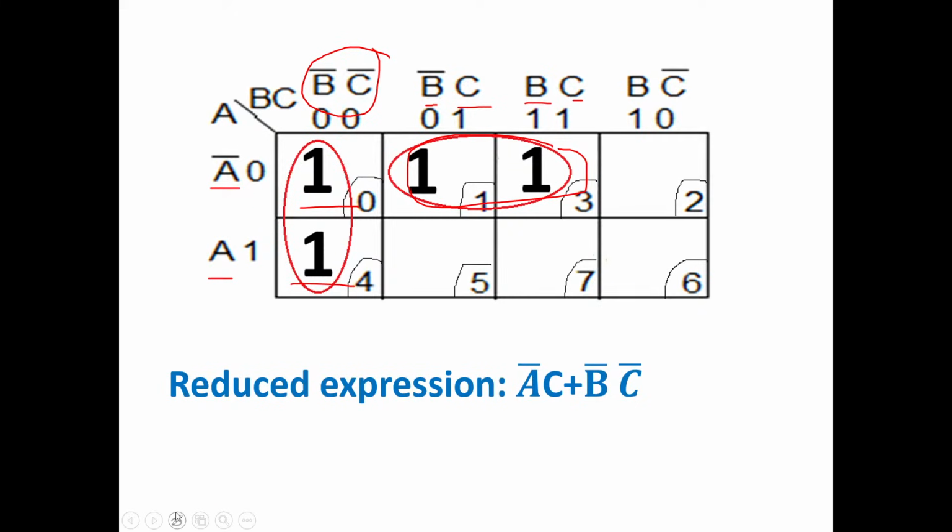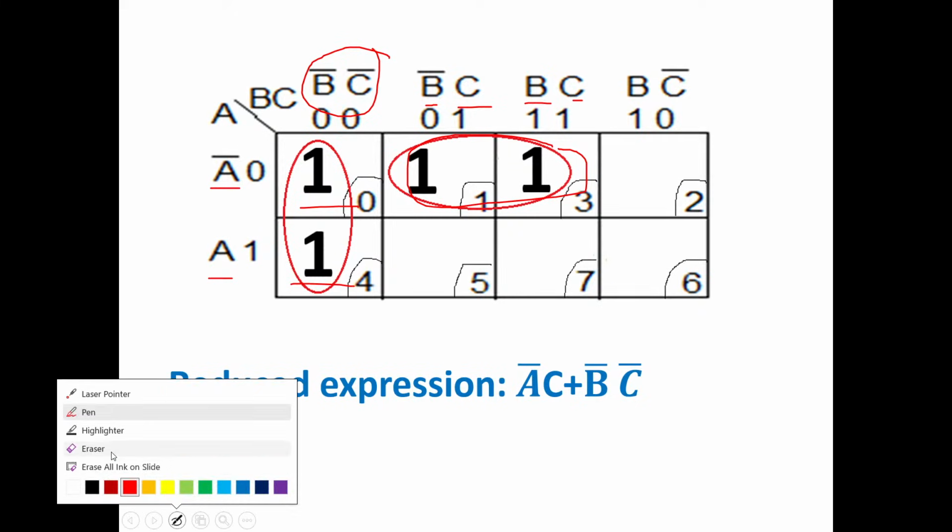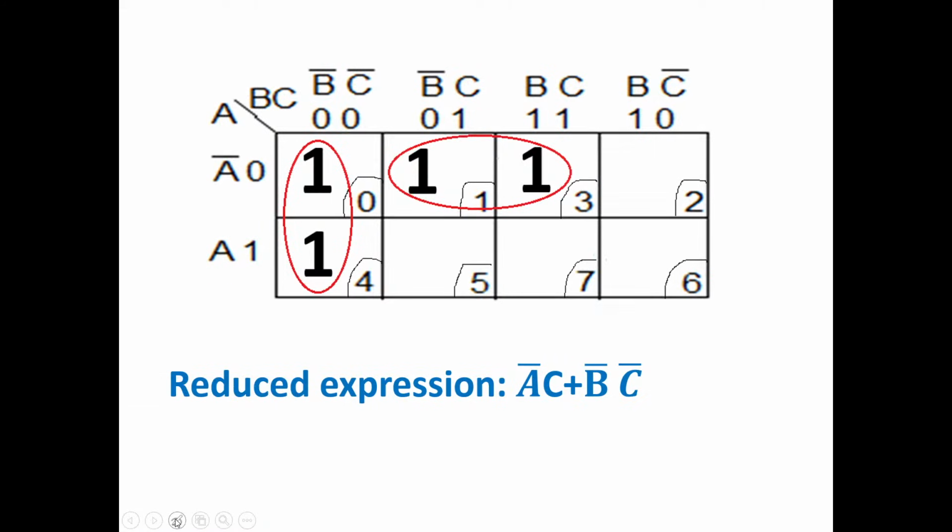A bar and C are common. So for this group, what is common? B bar, C bar is common. For this group, A bar is common, and one more term, C is common.